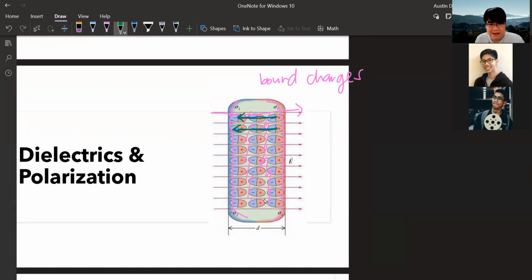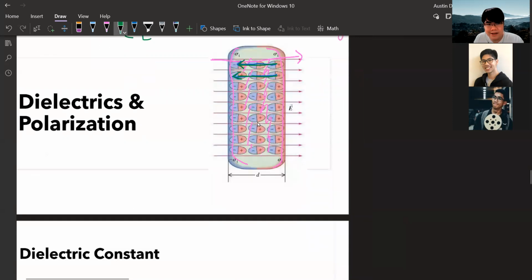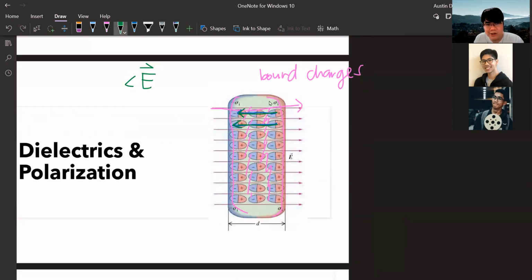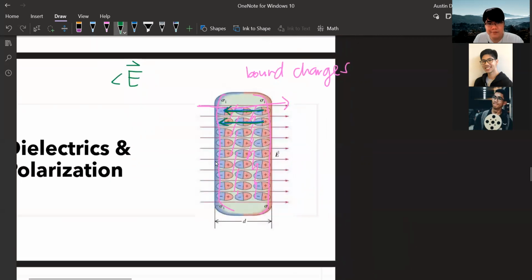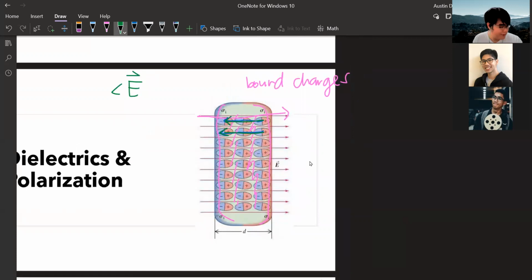And what happens in the net electric field inside of this material? Okay? So it gets less than E na electric field. Kasi tinotone down ng mga bound charges yung electric field mo. Okay. So we have that.